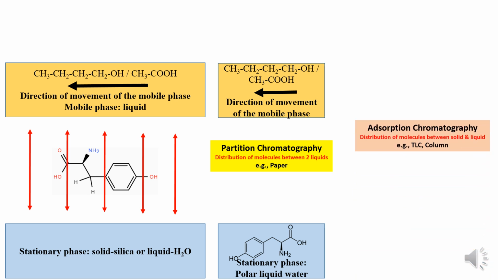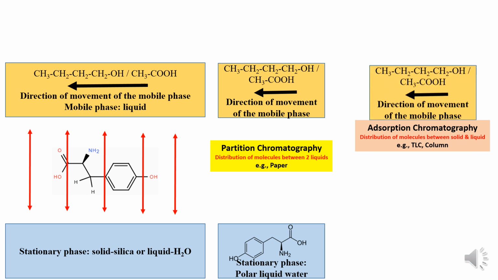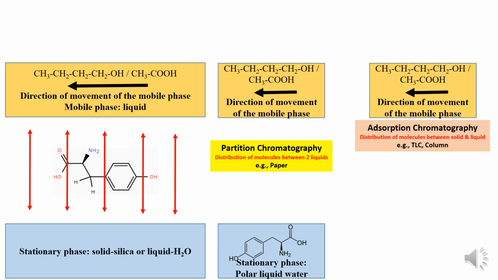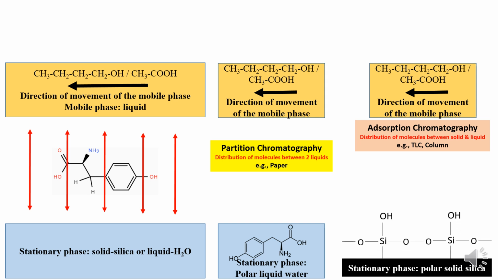And what about adsorption chromatography? In contrast to partition chromatography, in the case of adsorption chromatography, you will find the distribution of molecules between solid and liquid, where the mobile phase is again a liquid, while the stationary phase is a solid, like in the case of polar solid silica.